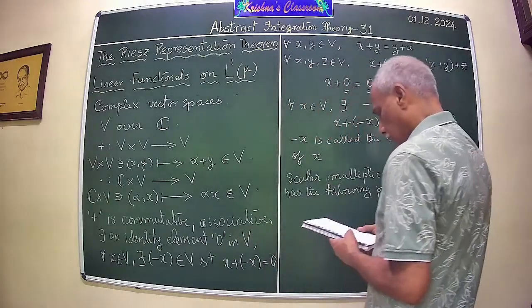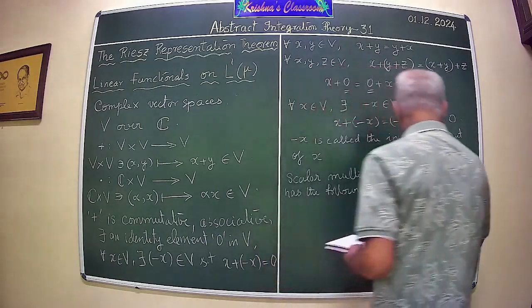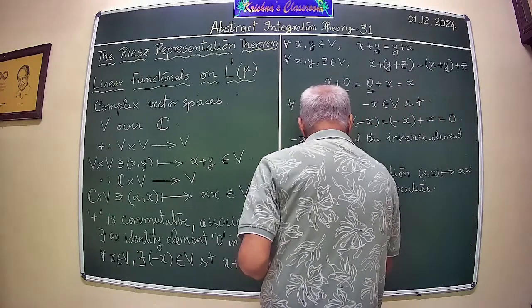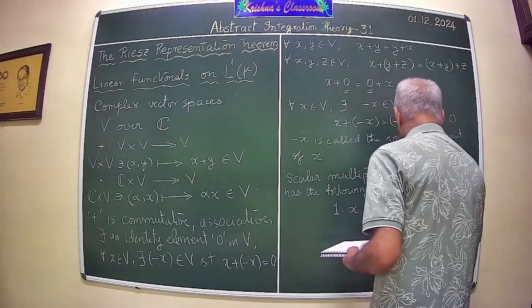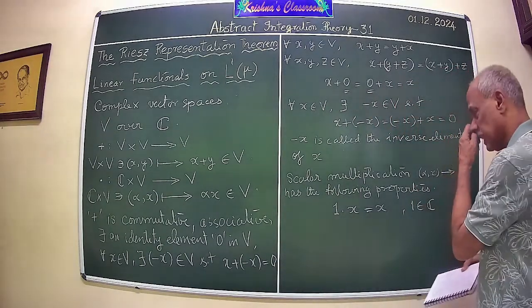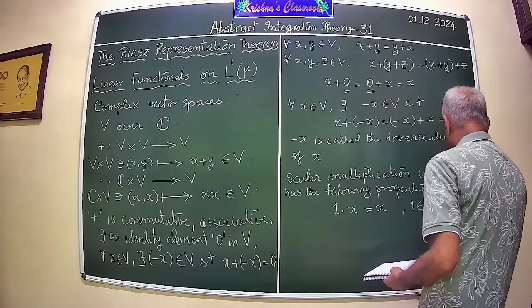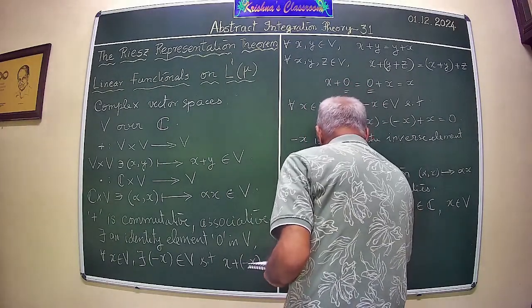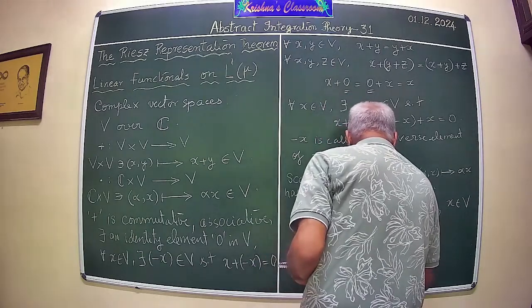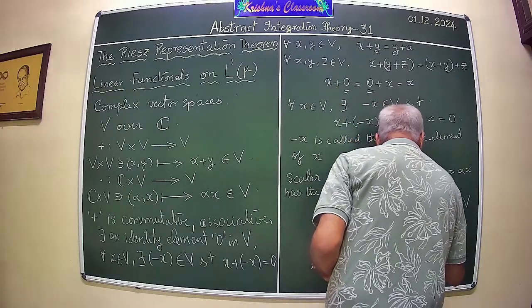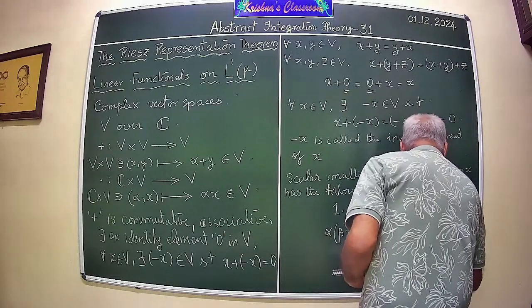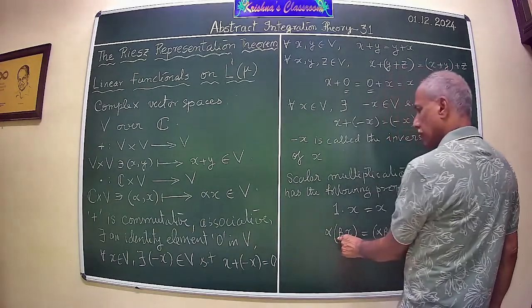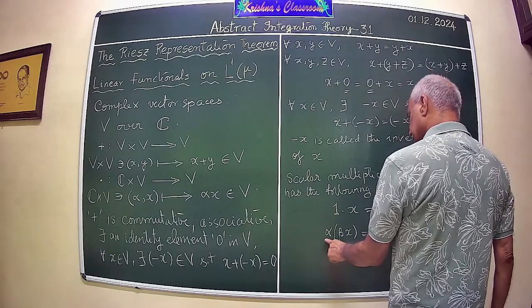And what are they? There exists one, see, 1 times x equal to x. 1 belongs to C, that is the multiplicative identity element in C, and x belonging to V. Then you have alpha times beta x equal to alpha beta times x, alpha, beta belonging to C. That means beta x is an element of V, and then you can multiply with the scalar alpha.